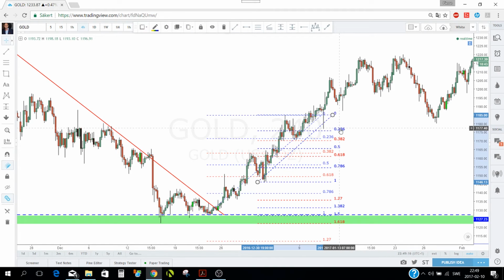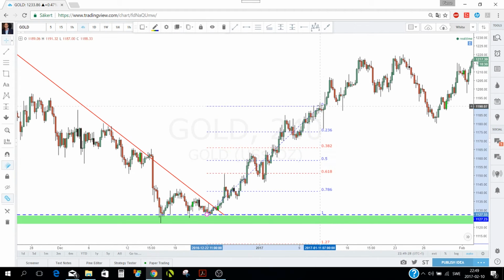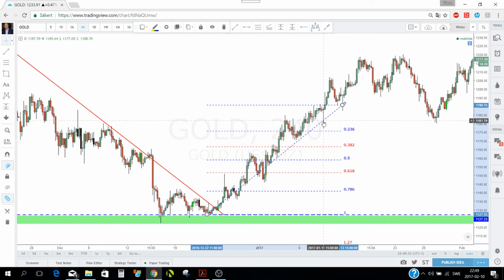So let's take off this Fibonacci retracement from this last swing low, and as you see here, price bounced up and went back up to this last high before we got this pin bar.